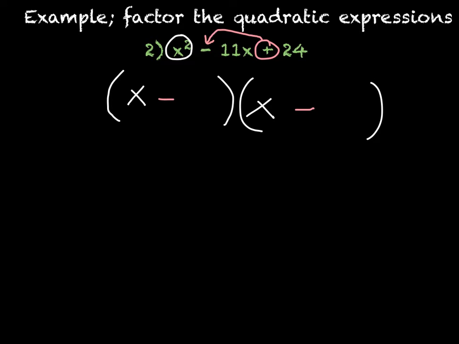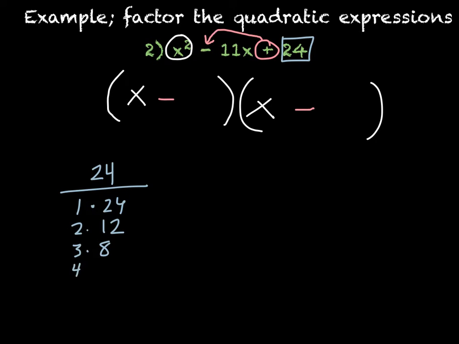Okay, so the next step is to find my factors of my constant term, 24, which would be 1 times 24, 2 times 12, 3 times 8, 4 times 6, and that would be all of them.